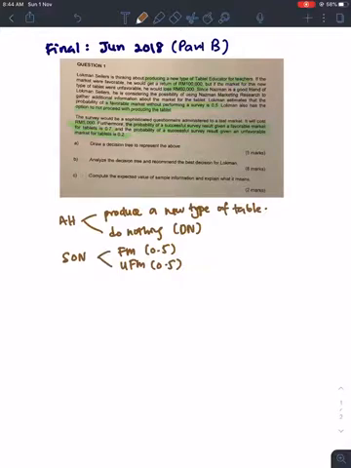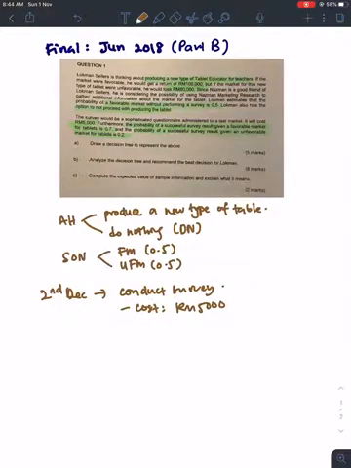Then another information about conducting the survey. Second decision: conduct survey. If we conduct the survey, the cost is RM 5,000, and we have a result for the survey.